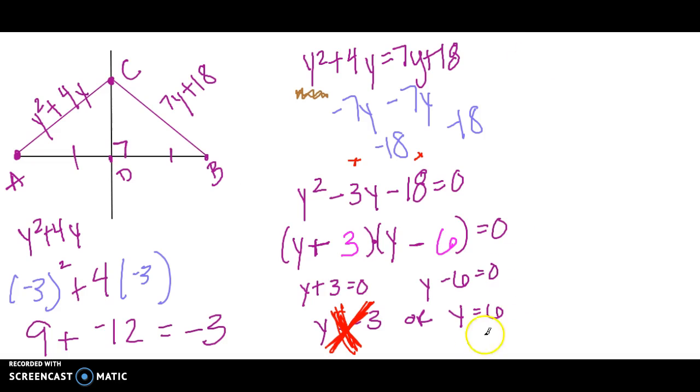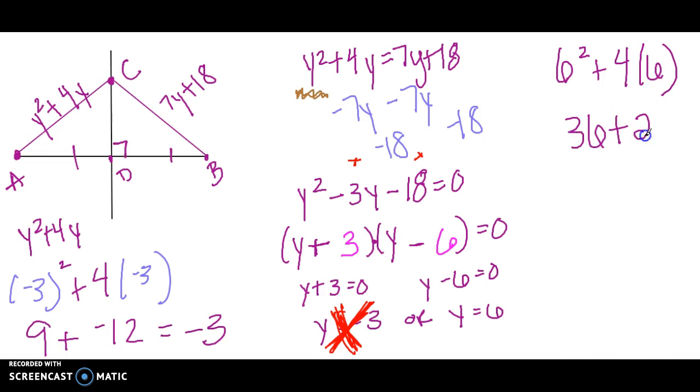And just to be safe, let's double check the 6. I'm going to go over here this time. So I'm going to have, instead of y squared, 6 squared plus 4, and then instead of y, I'm going to have 6. 36 plus 24 is 60. That's positive.